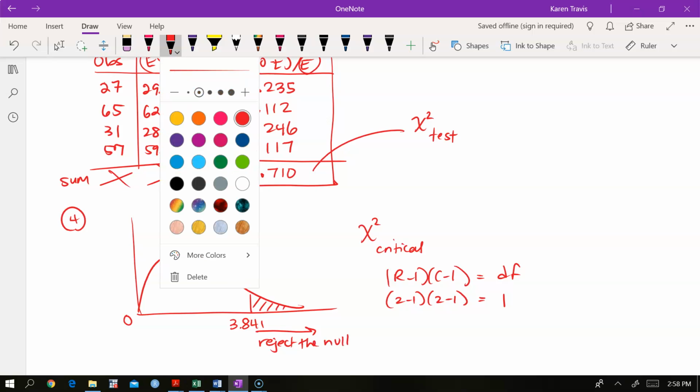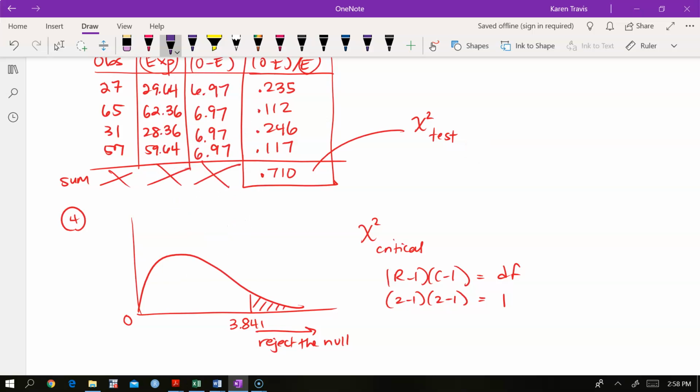But we have a test statistic way down here at 0.71, so we're not even close.